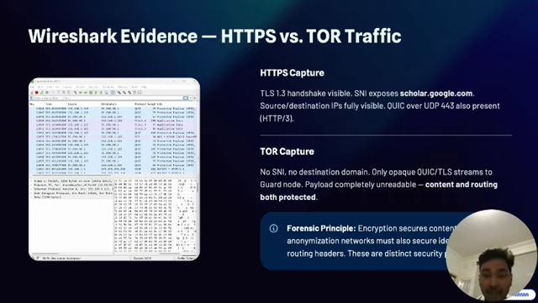Instead, we could only observe encrypted traffic between the user and the guard node. This demonstrates an important forensic principle: encryption protects content, while anonymization protects identity. HTTPS secures the data being transmitted, whereas Tor secures both the data and the user's identity.